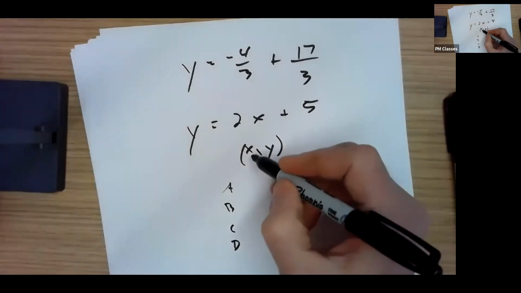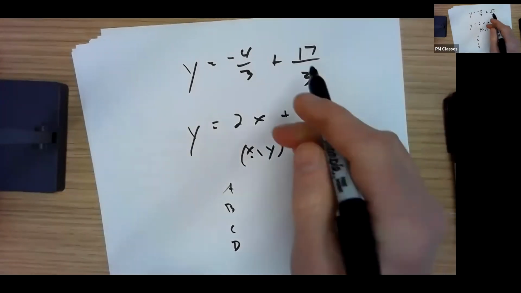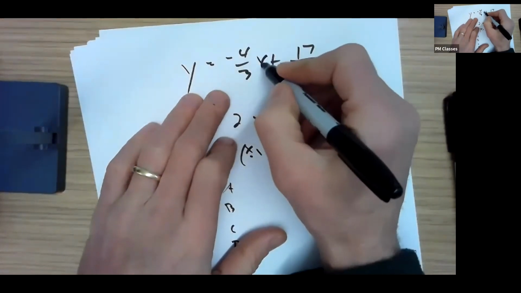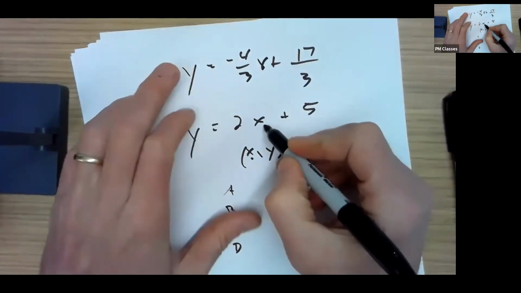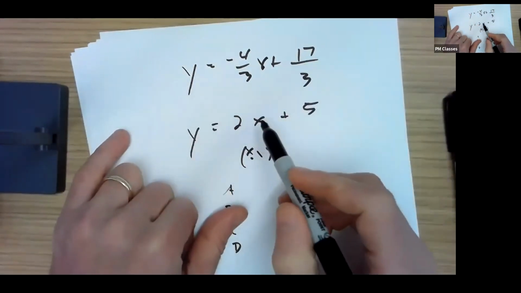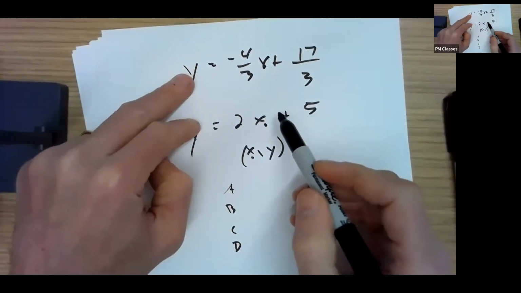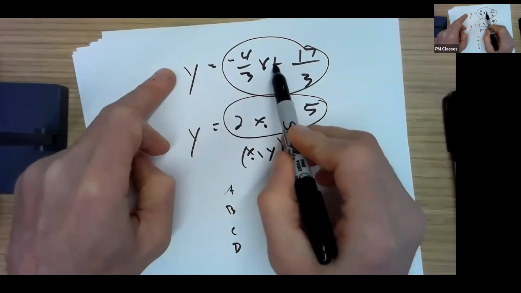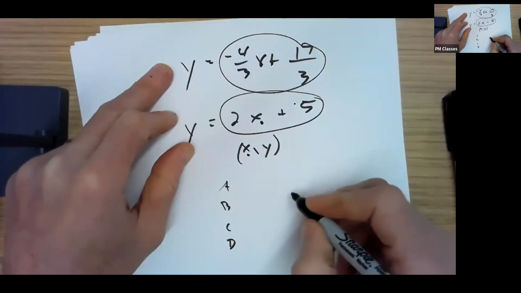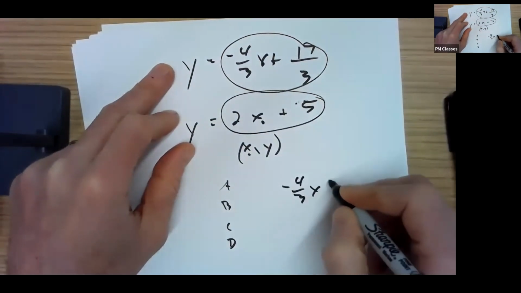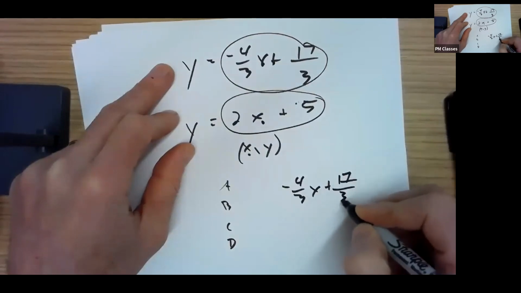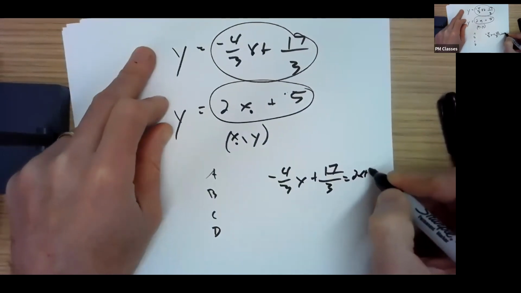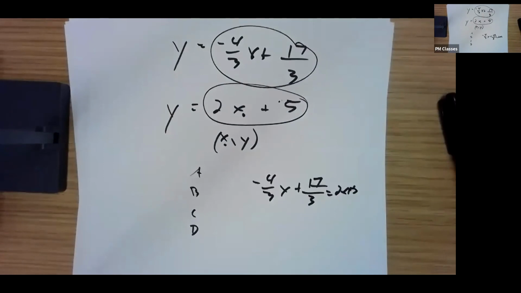Or, since it needs to be the same X and same Y, the easiest thing to do, because I need to have the same Y values, is to set this equal to this: -4/3 X plus 17/3 equals 2X plus 5. In the interest of time, I'm not going to go through that whole thing, because with 17/3, frankly, it's a little bit of an irritating number.